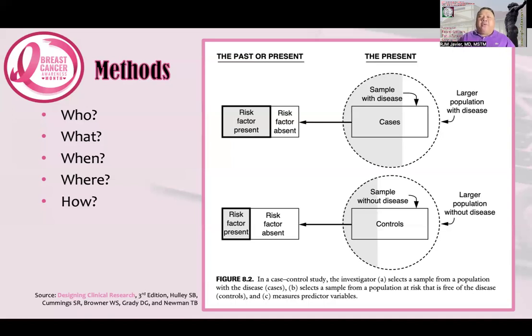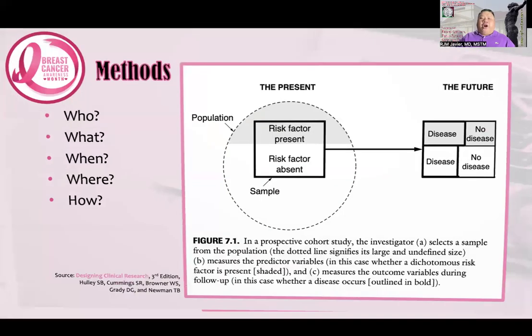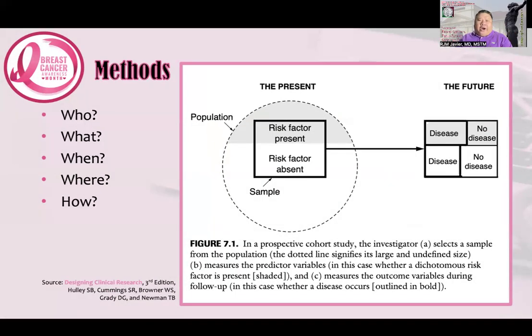By doing so, just looking at the general schema, you know that this is something that is retrospective in design. And from a case control study, we often measure the odds ratio, and your odds ratio would be the main measure of association.